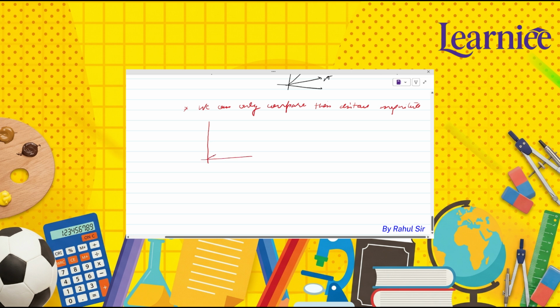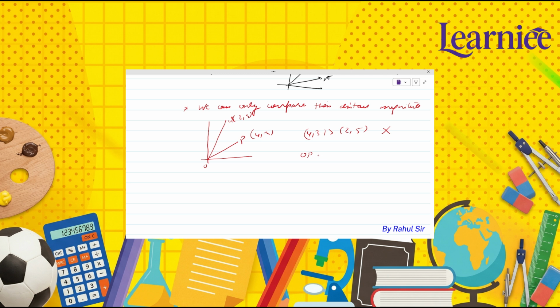Let's say this point is P and this point is Q. Let's say O is the origin. P is, let's say, 4 comma 3, and Q is 2 comma 5. We can't say that 4 comma 3 is greater than 2 comma 5. This is wrong. But yes, we can compare the distance, that is OP.